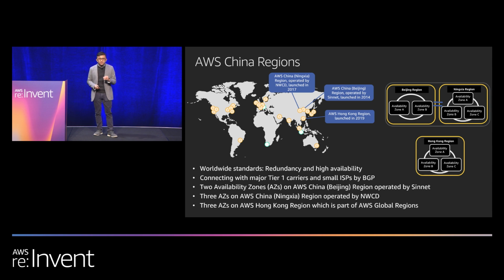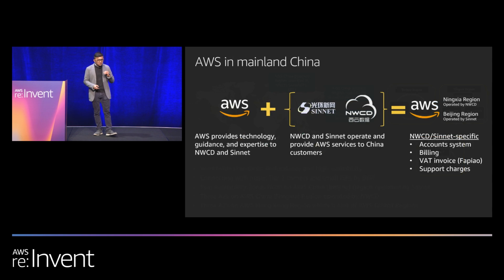But we do have to meet the China regulatory environment. So in order to meet it, AWS has to work with local partners in order to provide our service. Infrastructure as a service is considered a telecom-related service in China, and telecom-related service is a highly regulated service in China. So we decided way in advance that in order for us to operate the service long term, we need to find a reliable partner.